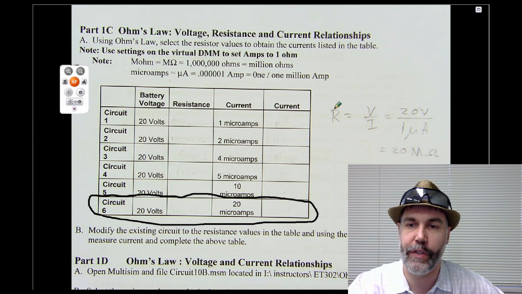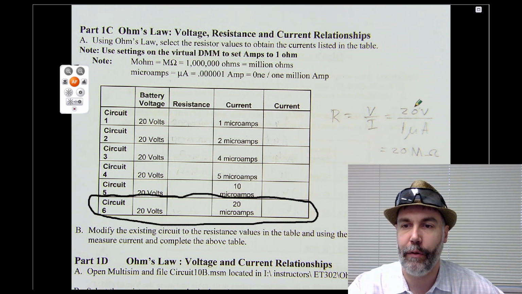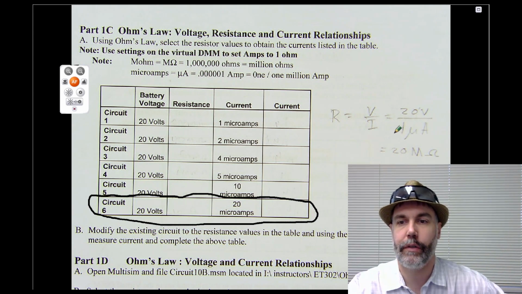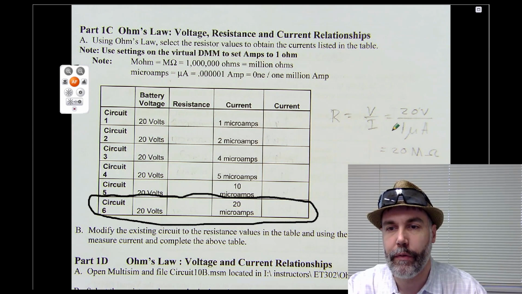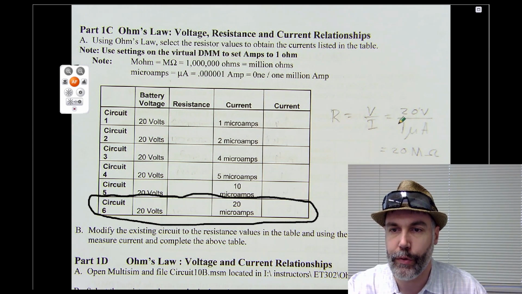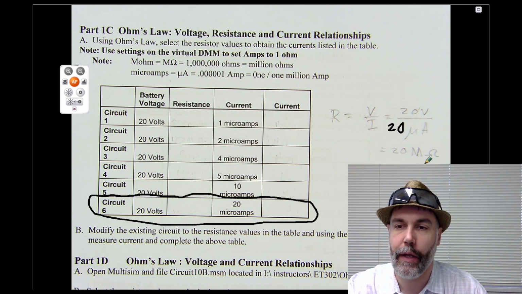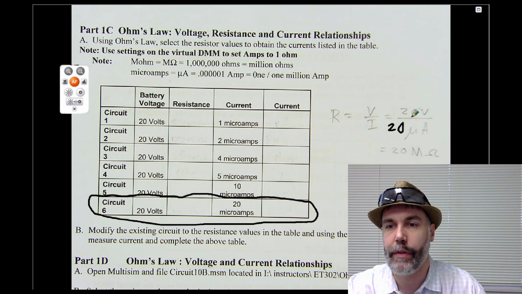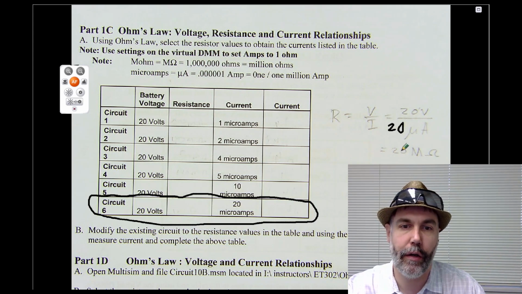The resistance is V over I, so that would be 20 volts over 20 microamps.